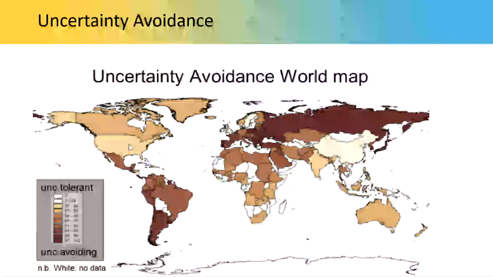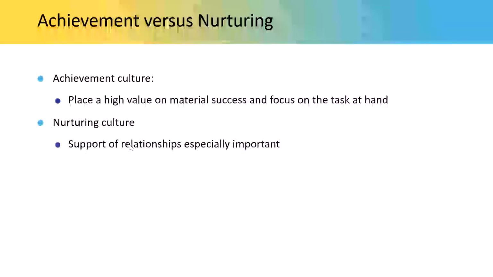Okay, the last one that Hofstede talked about was the idea of an achievement culture versus a nurturing culture. It's also frequently referred to as masculine versus feminine. So an achievement culture, there's a high value on material success, money, status, and a big focus on the task that you have to do.